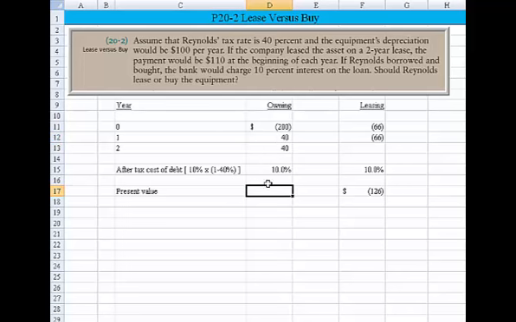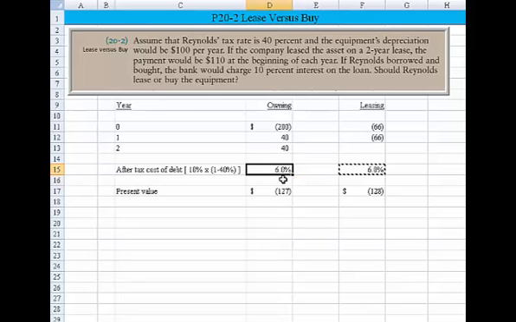So those are the relevant cash flows for the owning. Now we provide that same NPV formula where we use the after-tax cost of debt. Oh, and by the way, I should make both of those 6%, not the 10%. Let me do it the long way. 10% times 1 minus 40%.